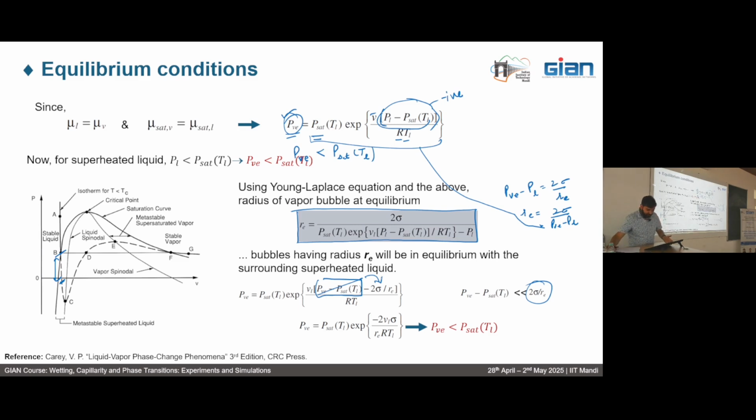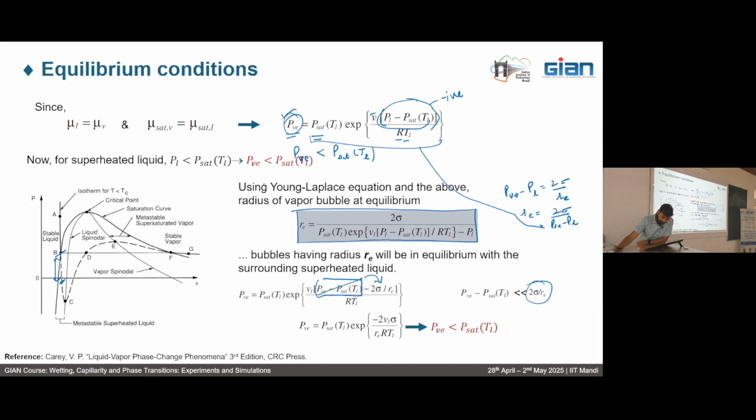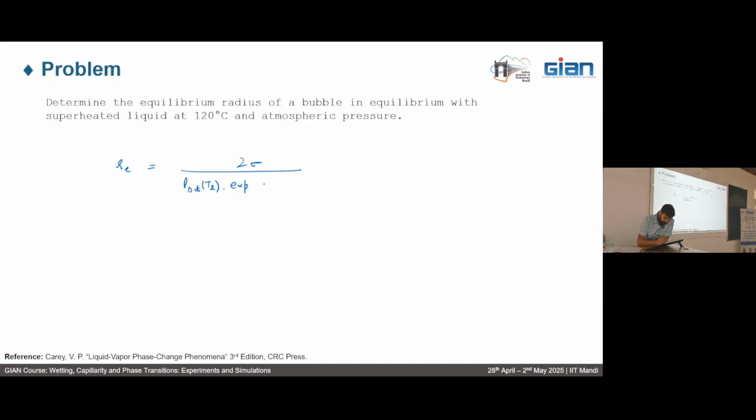So we have already seen that your RE, or radius at the equilibrium when the vapor is in metastable liquid, can be given as 2 sigma times P saturation at temperature TL times exponential of VL times PL minus P saturation at temperature TL by RTL, minus PL.